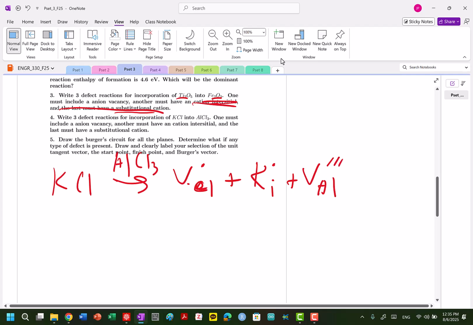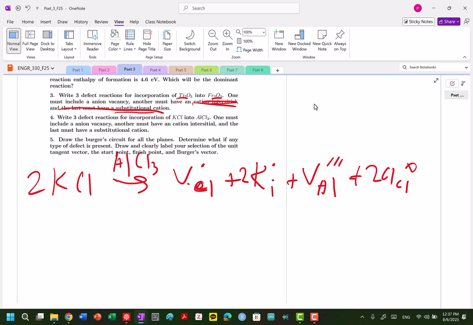And then, I mean, I could just put a 2 here. So we can balance this. We can put a 2 here. So now our +3, 2 KCl. Leave the rest. So Cl here, we have 1. So I need plus 2 ClClX. So that gives me 2 plus 1 here, 3 for Al, 1 Al, and we're good to go.